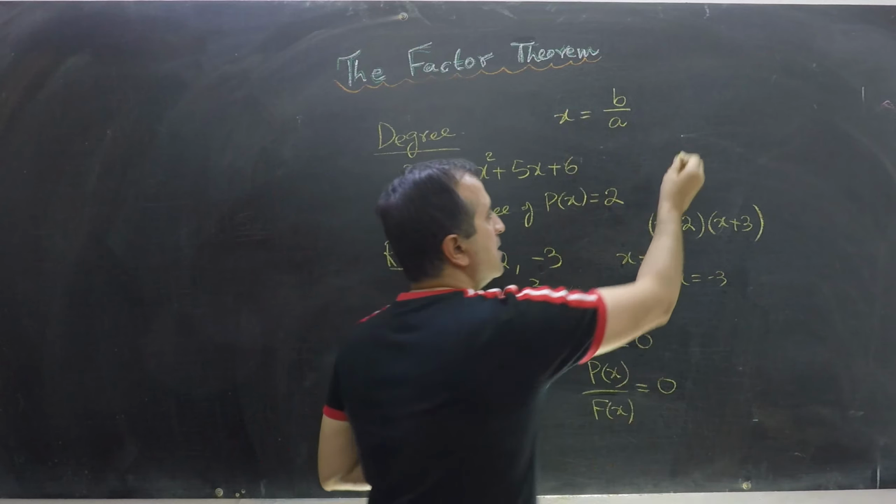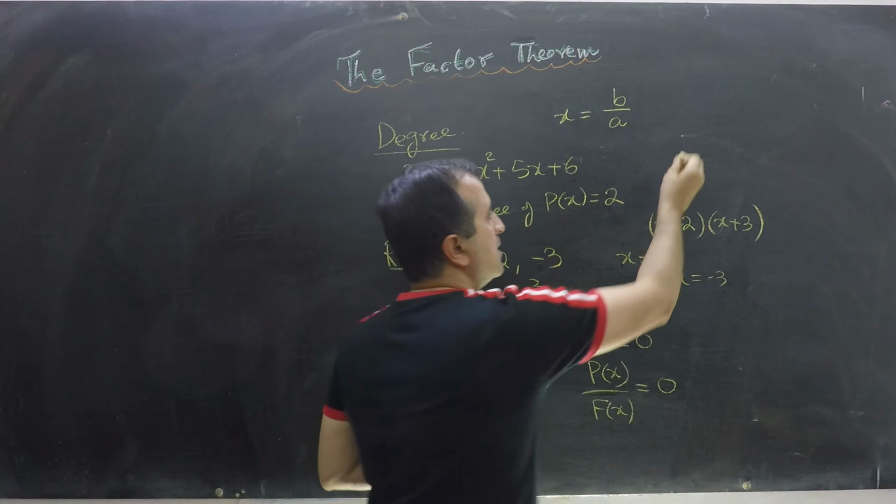Let's perform these steps. First, in step 1, I find factors of my factor polynomial. I factorize it, and I will get 3x squared plus 6x minus x minus 2.